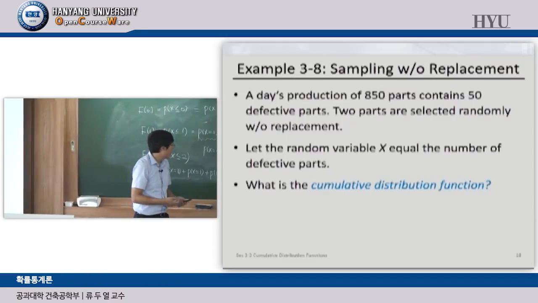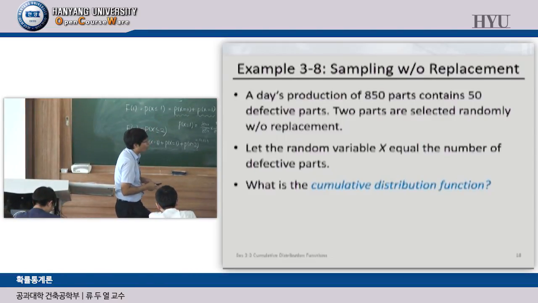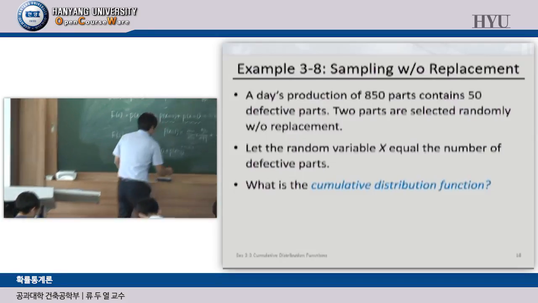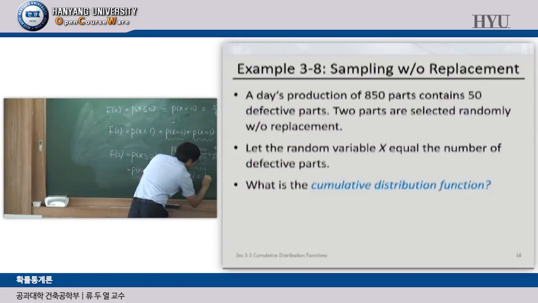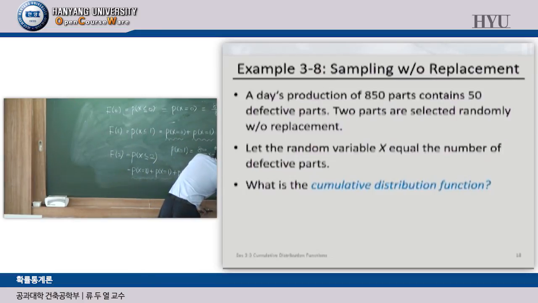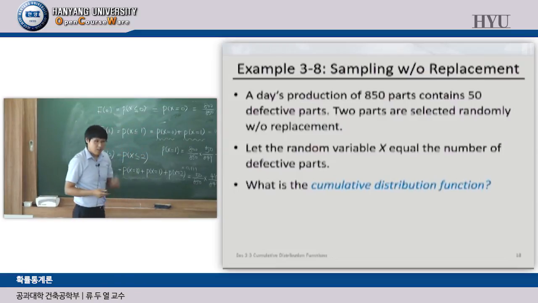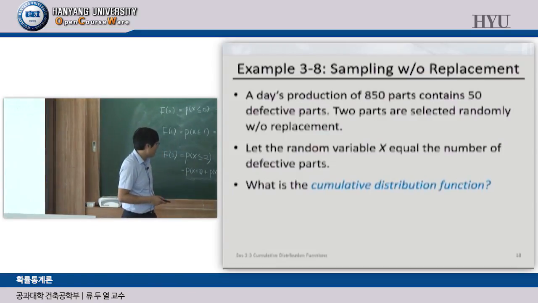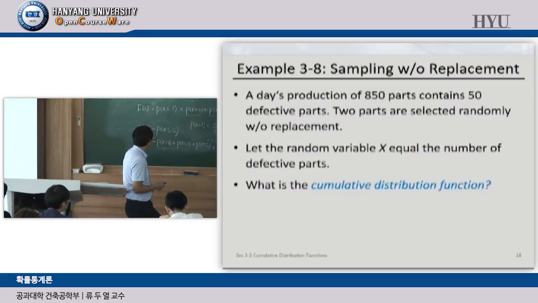And in this case, we have obtained all of the two being as defective part, right? So this can be 50 divided by 850 multiplied by 49 divided by 849. Okay? So that is 0.003. Okay?